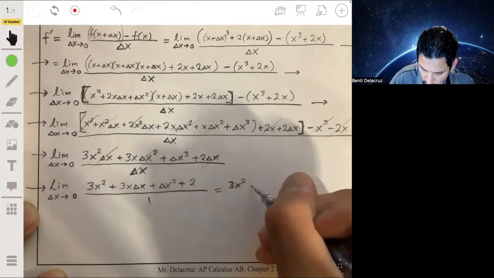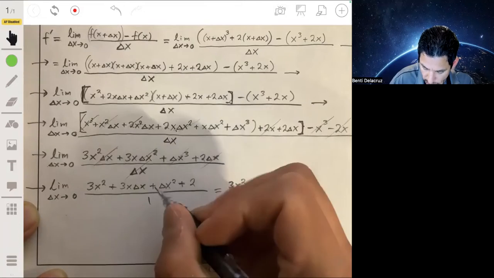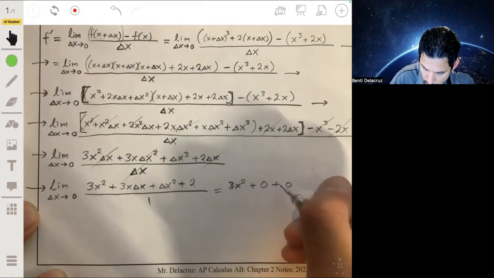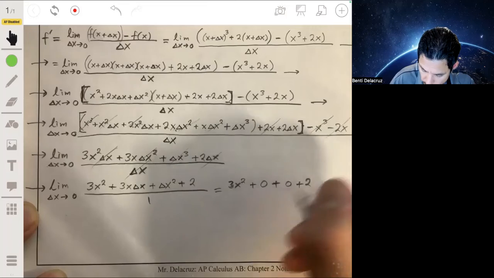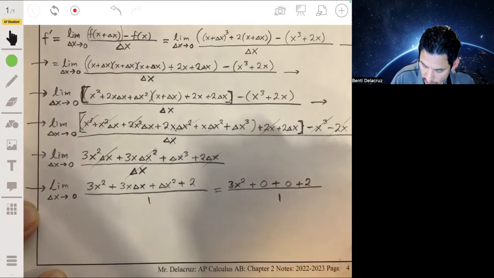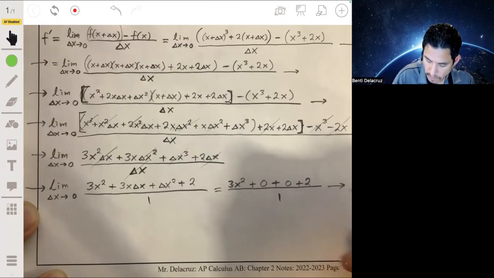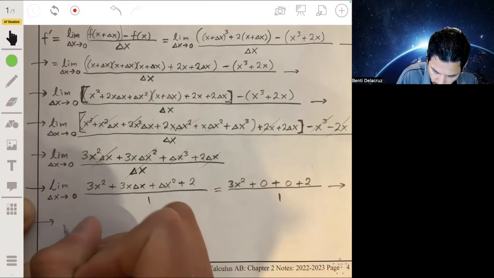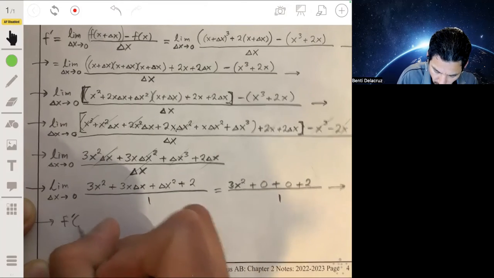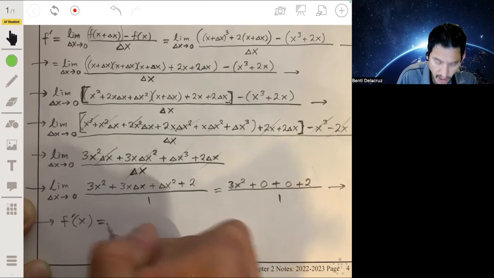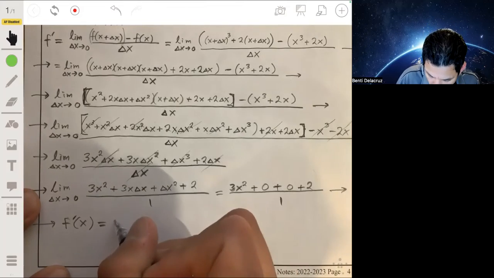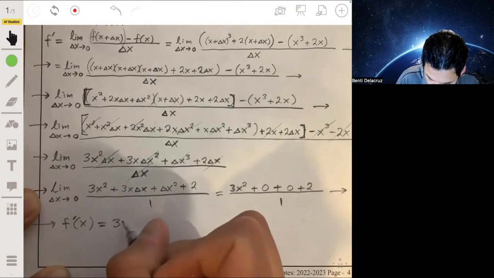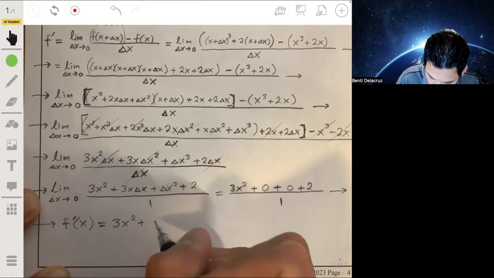This just becomes a 0, plus a 0, plus a 0, plus a 2, all over 1. And so we have that f prime of x, the derivative of f, is equal to 3x squared plus 2. I'm going to say over 1, but it's the same as that, 3x squared plus 2.